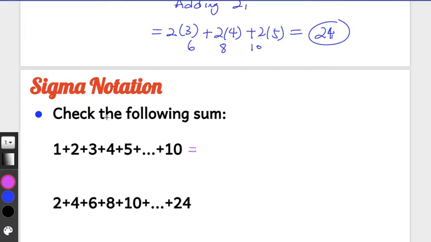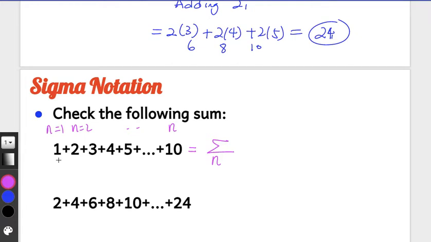For example, I'm adding 1, 2, 3, 4, 5 and continuing until adding 10. If this is the first term and this is the second term, I just consider until n. You can use any letter, so in this case I'm going to use n.